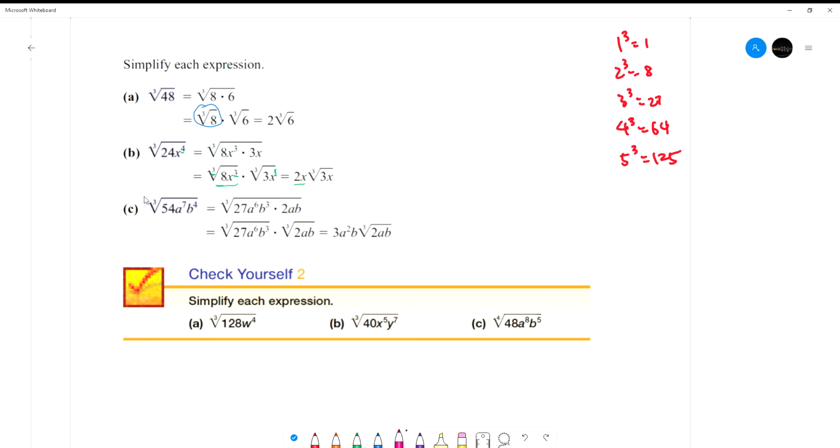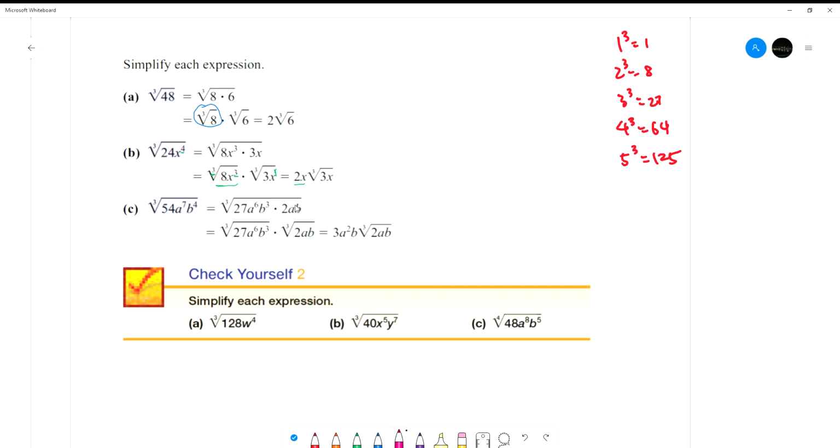Looking at the next one, what's my largest cube? It's 27 times 2. So this is the cube root of 27, and then a to the 6, which is a multiple of 3, and b to the third. What's left over?